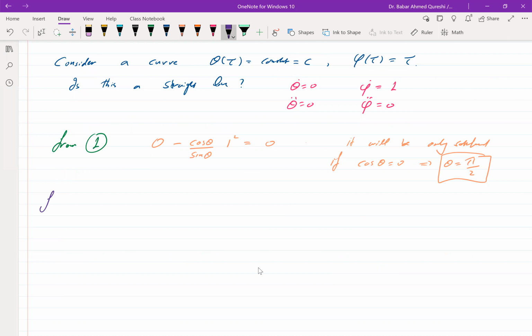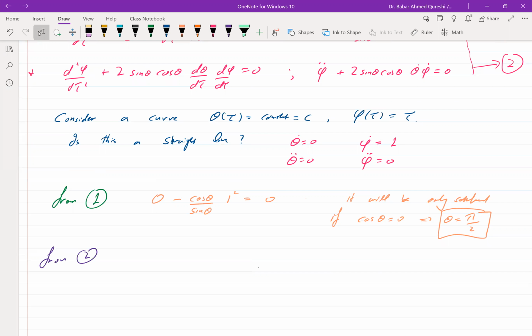While from 2, we have phi double dot is 0, minus theta dot is 0, phi dot is 1, but that doesn't matter. So equation 2 is always satisfied for this curve. But equation 1 is only satisfied if theta of tau remains pi by 2 throughout the curve.